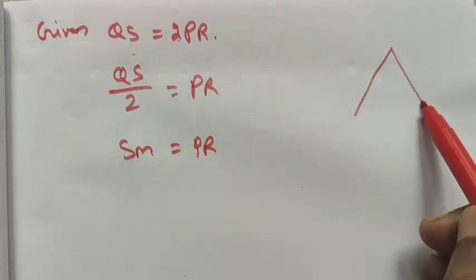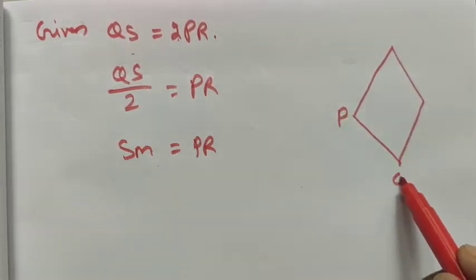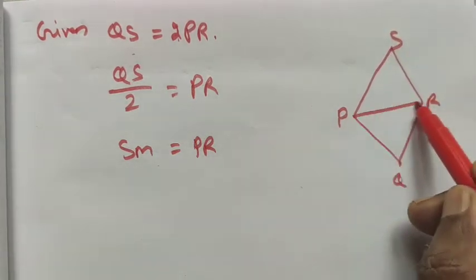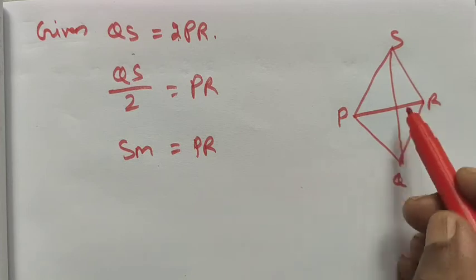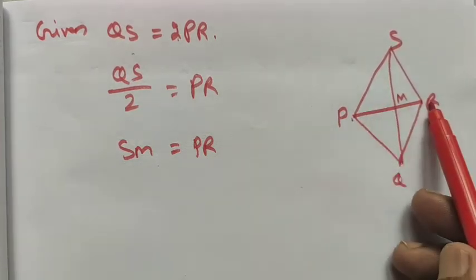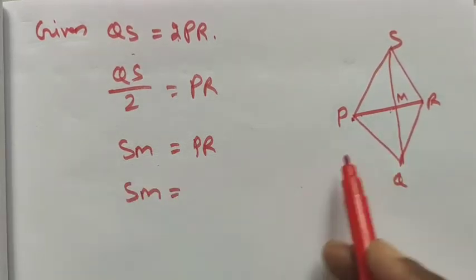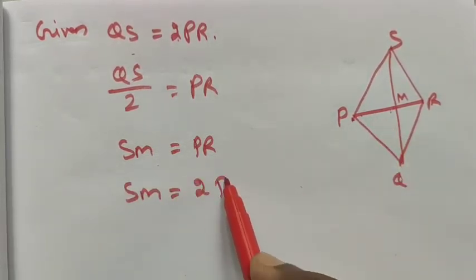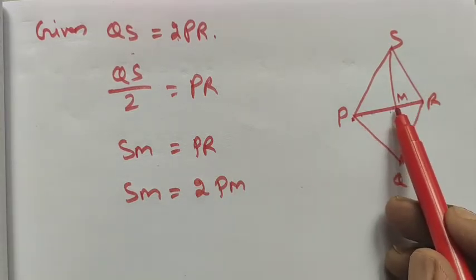I have already drawn one diagram, and it will be very easy to see from the diagram. P, Q, R, S. So the total of QS is SM. Now the line PR is 2 times PM. SM is equal to 2 times PM because the two lines intersect at the midpoint.